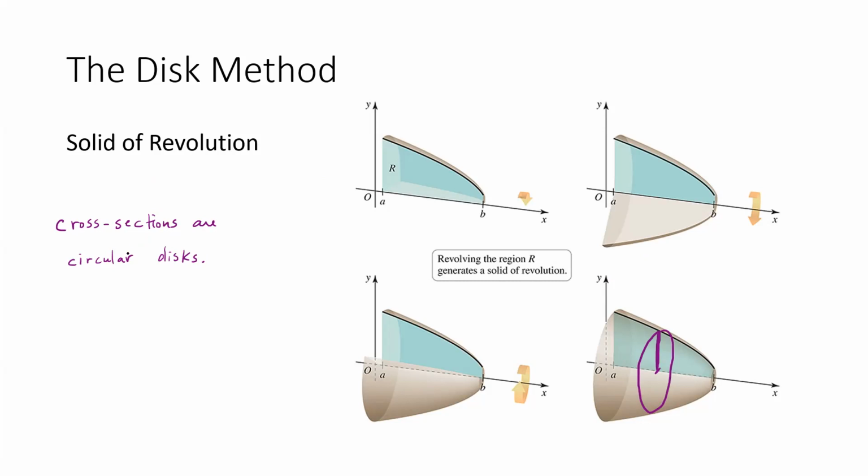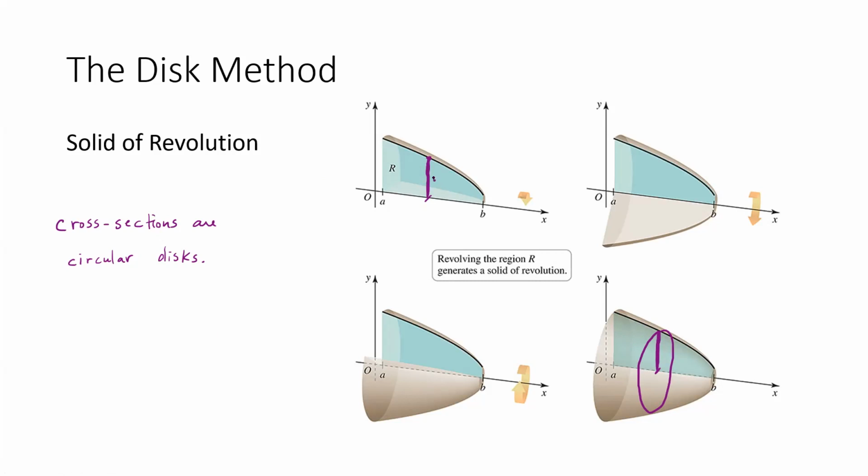And so finding the volume of our solid is a matter of integrating these disks, or the area of these cross-sectional disks. And notice here that if I were to look at the original f of x graph, the height of the curve gives us the radius of our disk.